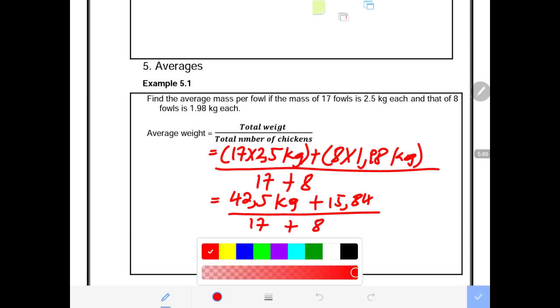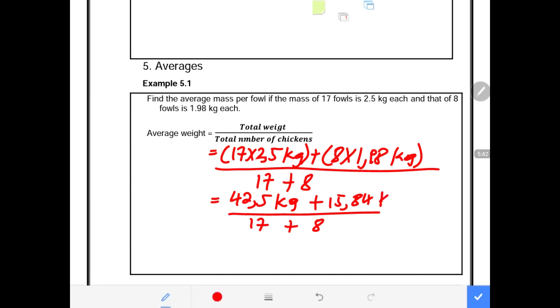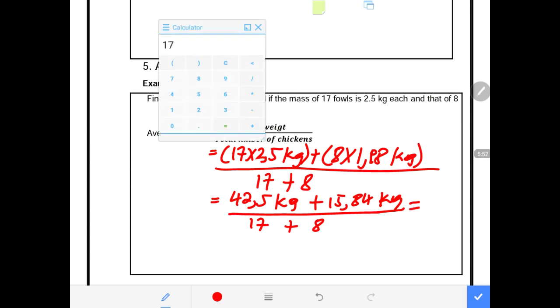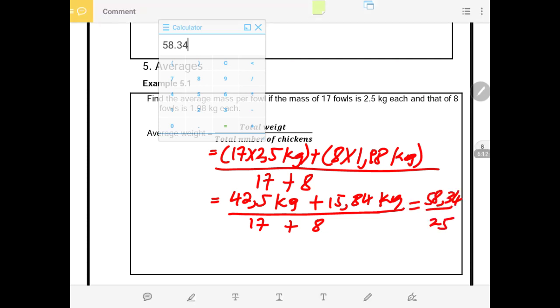So now we have 15.84 kgs. Then we are required to calculate the average weight. So now what do we do? We say 17 plus 8, this will give us 25. Then we divide by 25. Then we say 42.5 plus 15.84 equals 58.34 kgs.